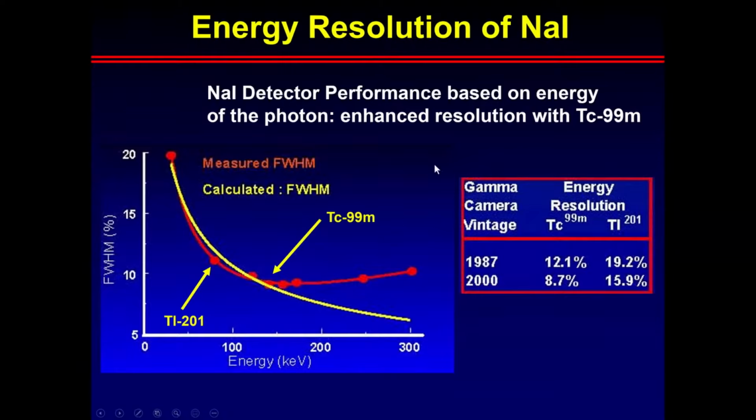This is one of the reasons why we don't use a lot of thallium anymore. It's higher radiation, but it also has much more scatter because it's low energy, and the energy resolution in terms of identifying what's a proper photon and what's not is worse with thallium than with technetium. Thallium has improved over the years in terms of our detectors, but still nowhere near what we get with technetium.